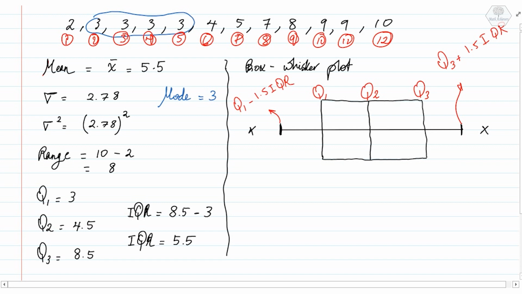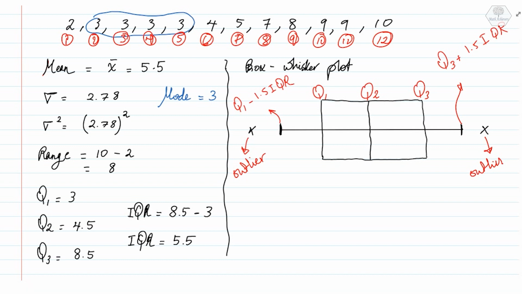Any value greater than the upper value or less than Q1 minus 1.5 IQR is considered an outlier. So this is an outlier, and here I have another outlier. These are my outliers.